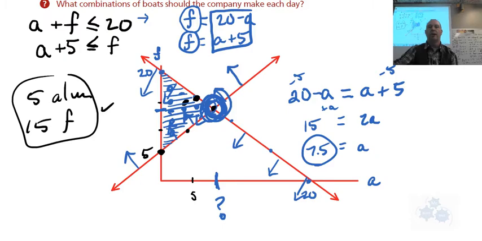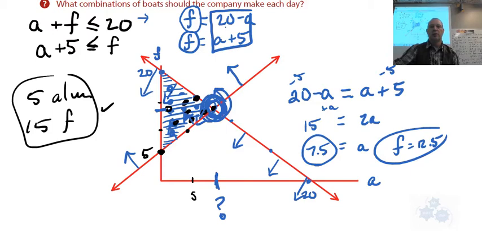And so f is going to be whatever 20 minus 7.5 is, which is 12.5. Okay. So that's the intersection point. It's not whole numbers, so we don't worry about that intersection point. So we're trying to find points that would be inside this feasible region somewhere. Okay? Any questions about that?